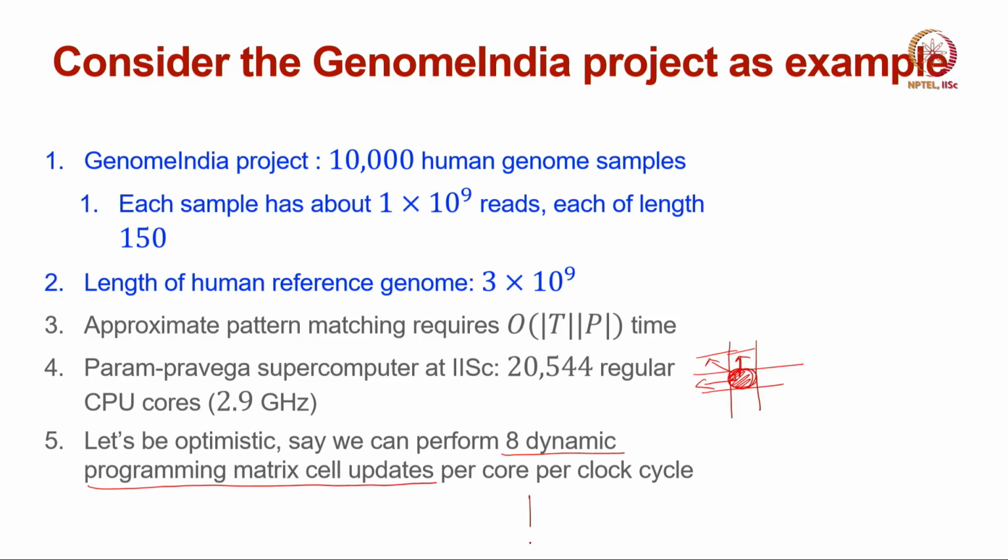That is, in our dynamic programming table we can solve 8 cells per clock per core, because in each clock we are doing these arithmetic operations, and in an optimistic scenario we are filling 8 cells of the matrix per core per clock cycle. This is the DP matrix that we had considered for the dynamic programming algorithms.